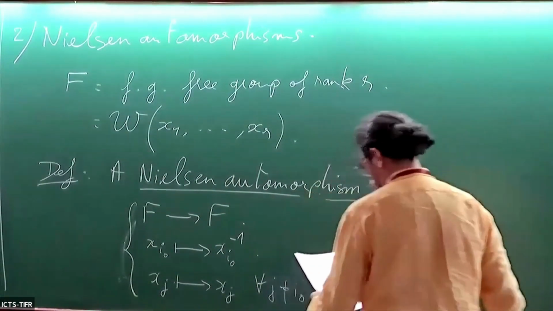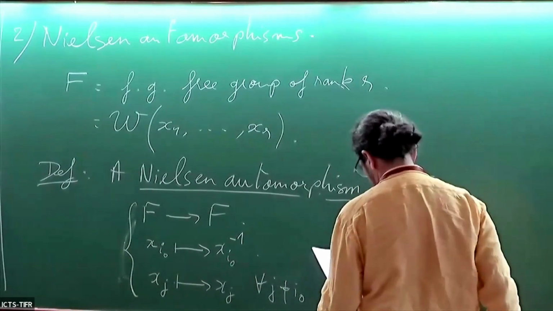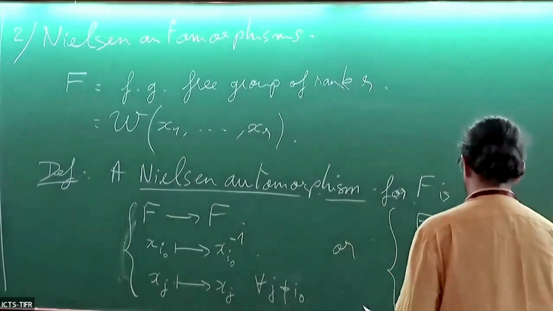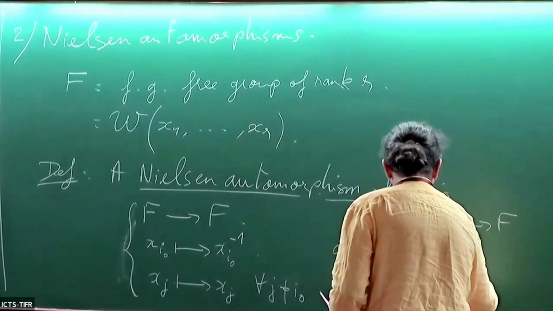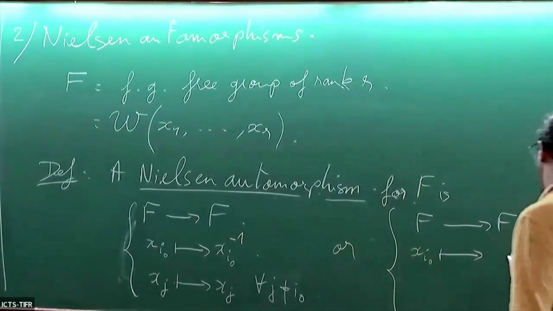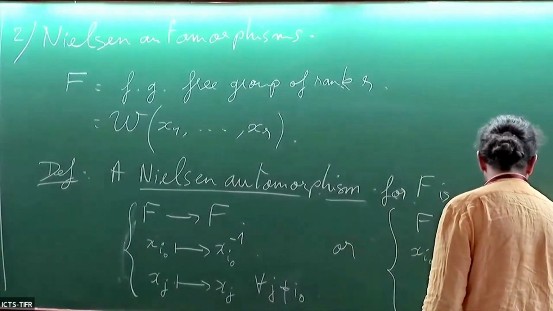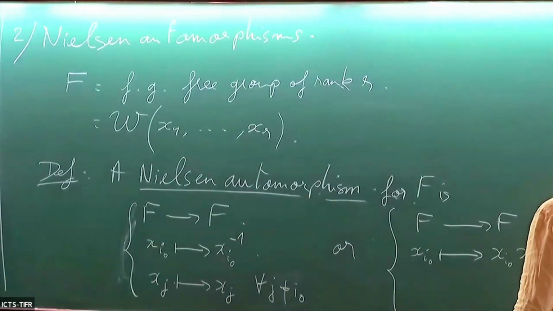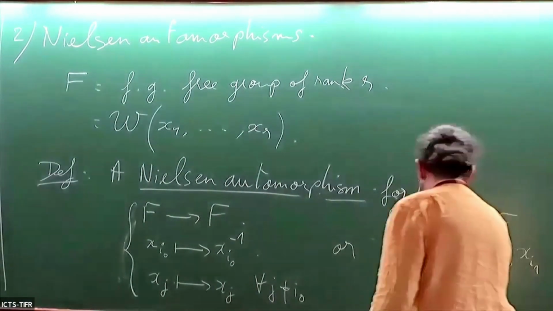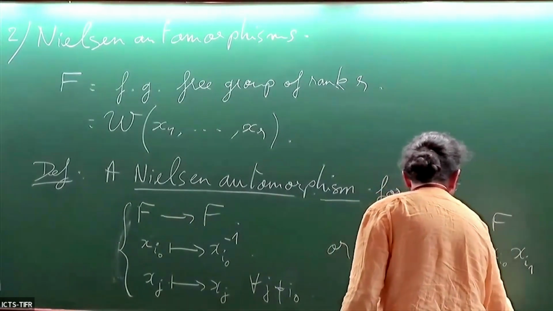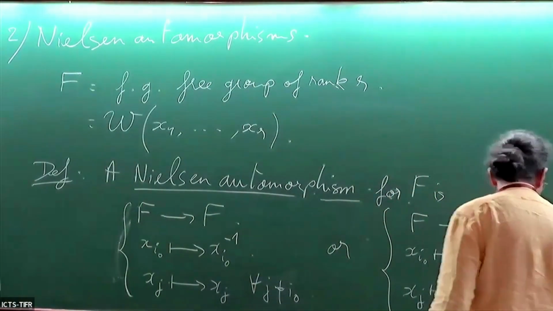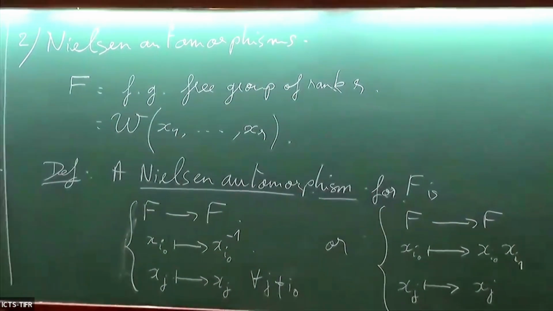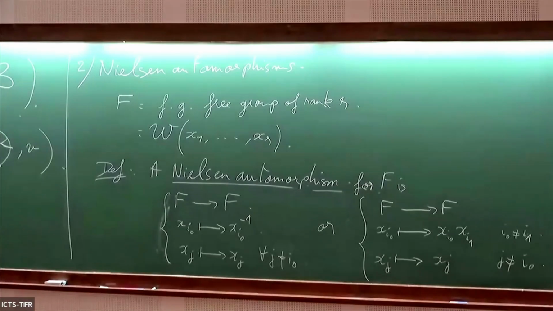Or another kind of Nielsen automorphism: you choose two indices, and you send x_{i0} to x_{i0}x_{i1}, and all the rest to themselves. Okay, those are the Nielsen automorphisms.